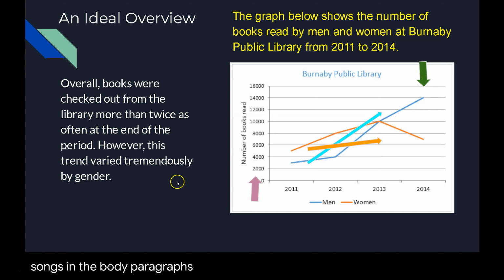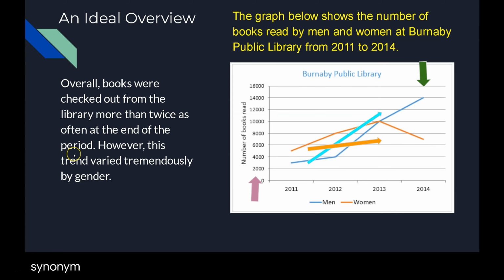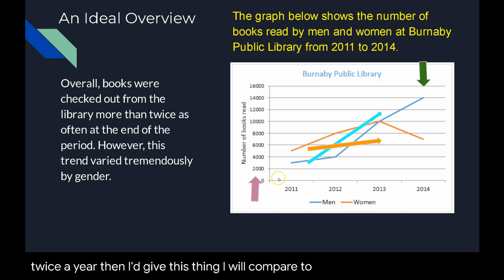It's also a good idea to set up your overview to mirror the body paragraphs that are going to follow. So what I would do if I was following this up with the next body paragraph, we talk about the first year. Okay? So I'd say, then I'd give this data. I would compare here to here, 2011, 2014.